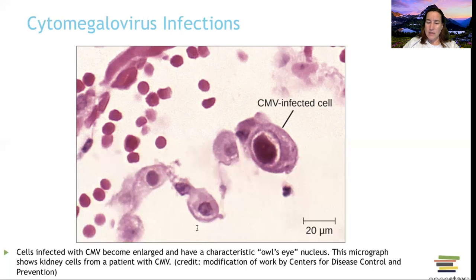So kind of crazy. But that is cytomegalovirus, and how we know that somebody is infected is that we can stain, and we can see the owl's eye in this infected cell. It looks like an owl's eye when it is infected.